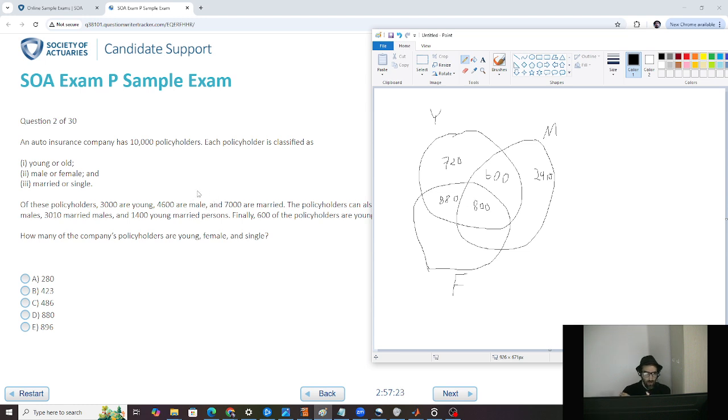Maybe I should have, instead of Venn diagramming this, done the, well, I feel like this is a little more flexible. 4,600 are male. 14 plus 2410 is going to be 3810. Wait, sorry, I want everyone outside of this. Outside of female. 2410, 3010, 3730.